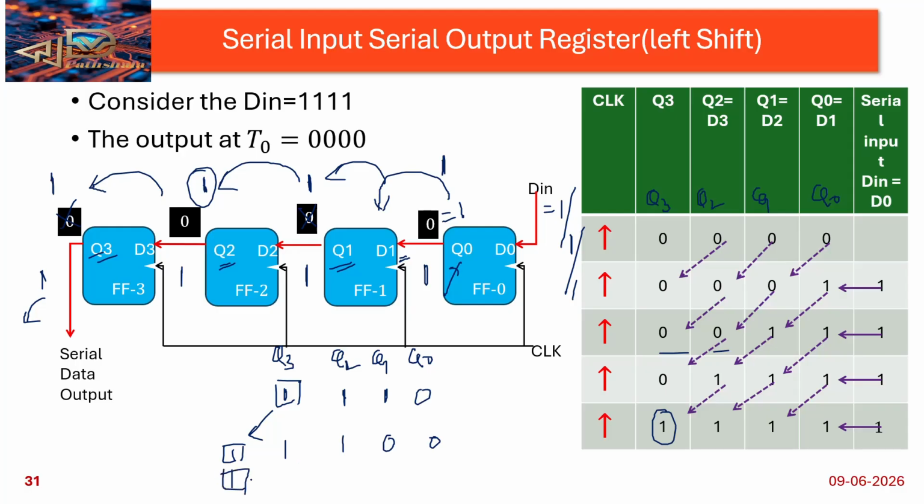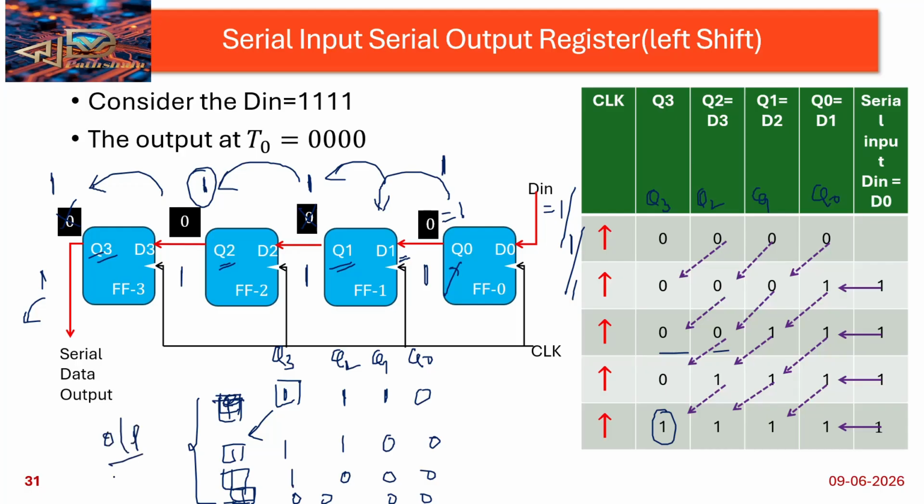Again one output is coming here. This is one output, then two outputs here, and then 1 0 0 0 again. So another one I am having, and then 0 0 0 0. See, all four ones are coming out.